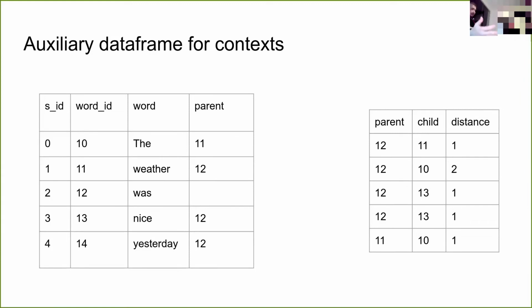So it will take some time, but it will happen once, and then for each batch you will just use this auxiliary table to do the work. So how do you do the work? Okay, if you want to find all parents, then you just join by this column. If you want to find all children, you join by this column.